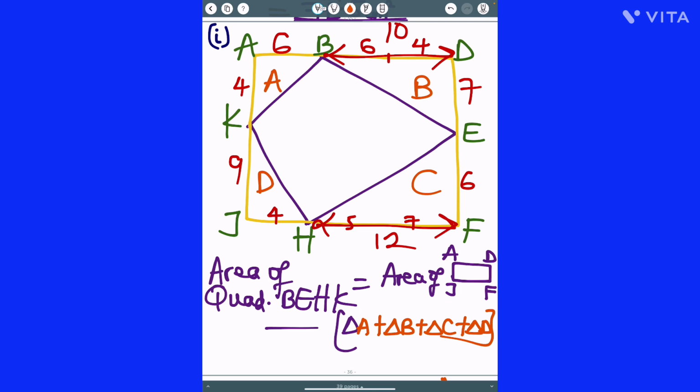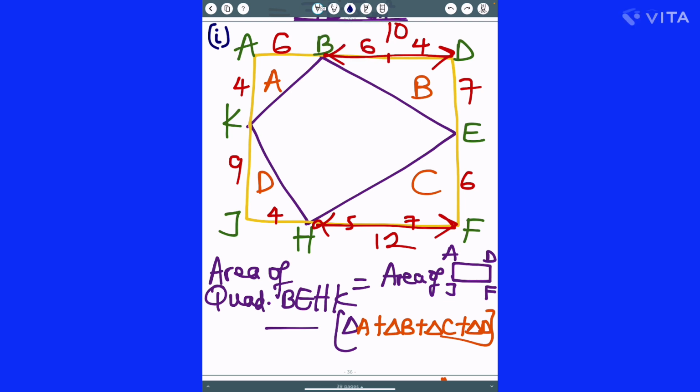So that's all we need to find the area of our quadrilateral. Let's do this together, one at a time.